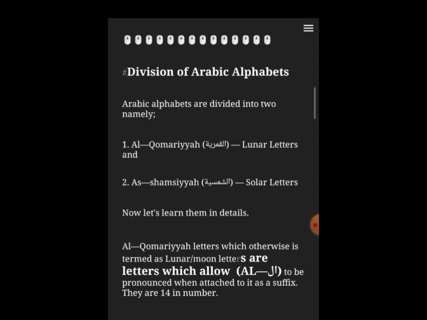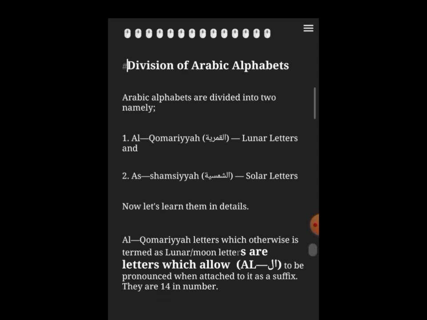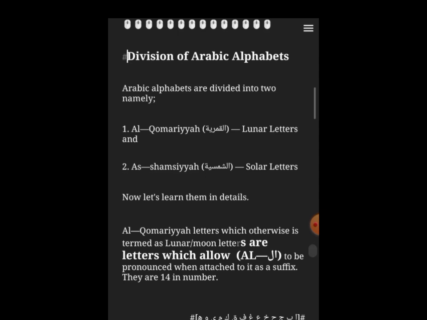This division is based on the attachment of the article "the", which is al in Arabic. So this is where the categorization, the division comes about.